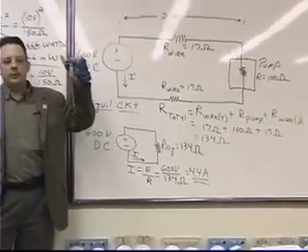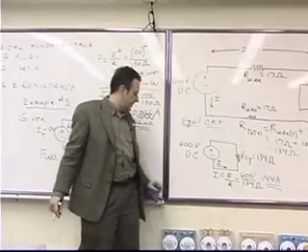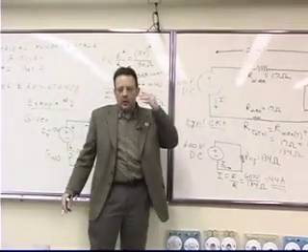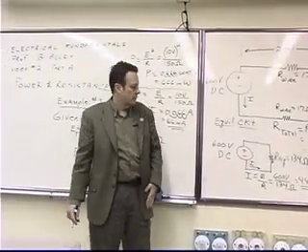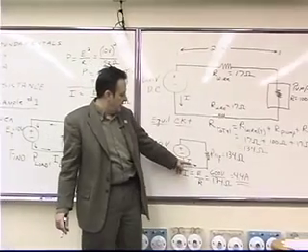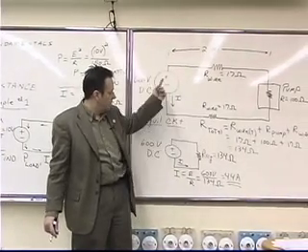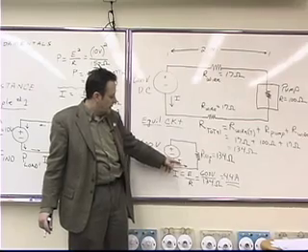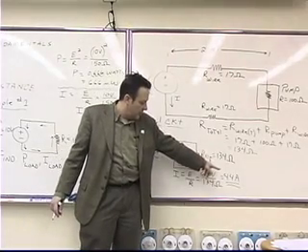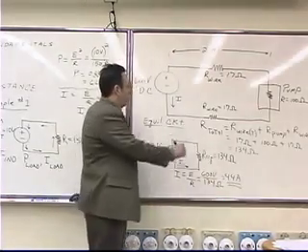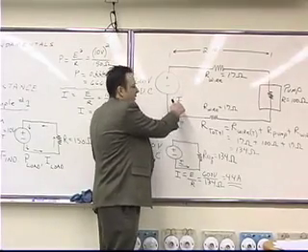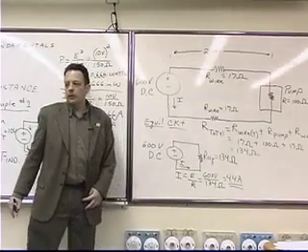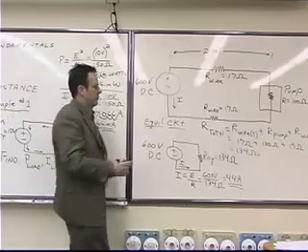Now, you're going to test your understanding by answering this question, either in your own mind or out loud. If the current flowing in this circuit, which is equivalent to this circuit, is 4.4 amps, what would the current be flowing in this circuit? It's the same.